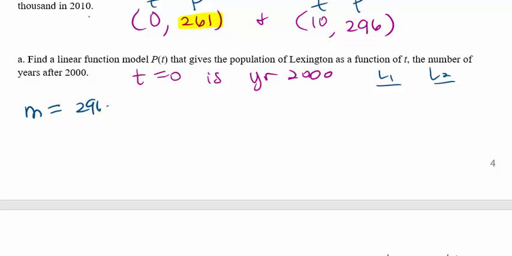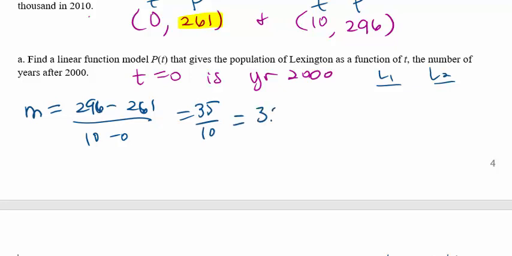M equals 296 minus 261 over 10 minus 0. And that's 35 over 10, or 3.5 is the slope. Okay, so our function, p of t, is going to be 3.5t plus 261.